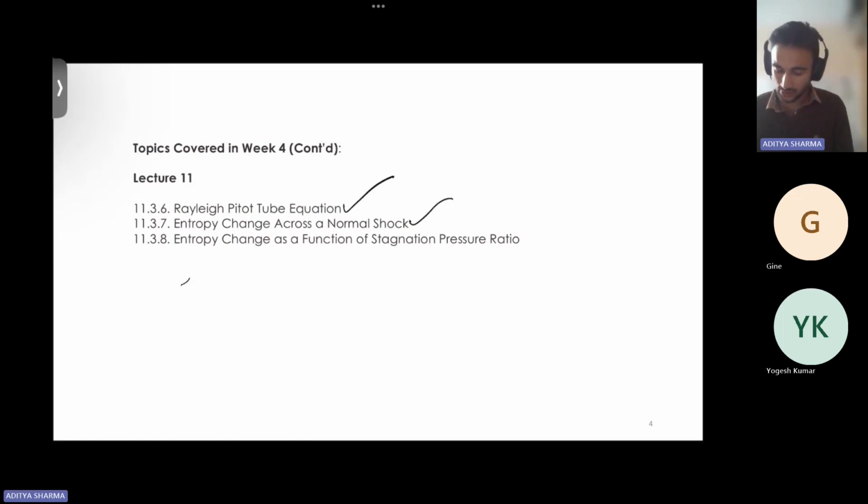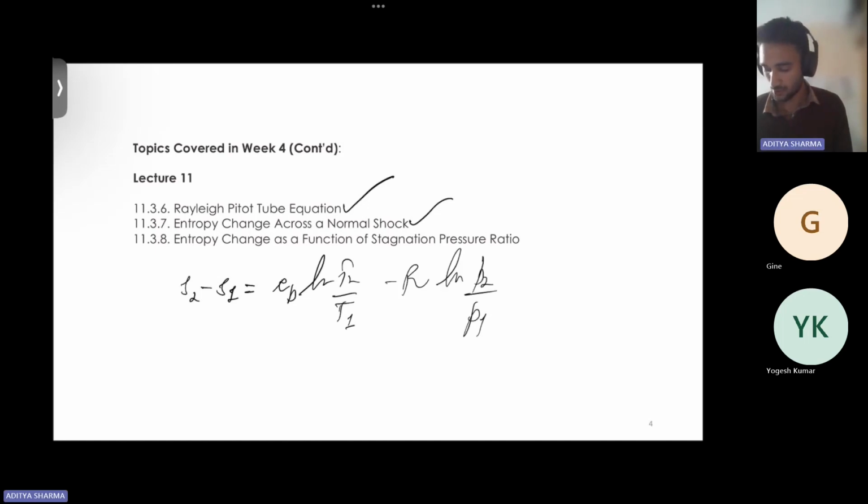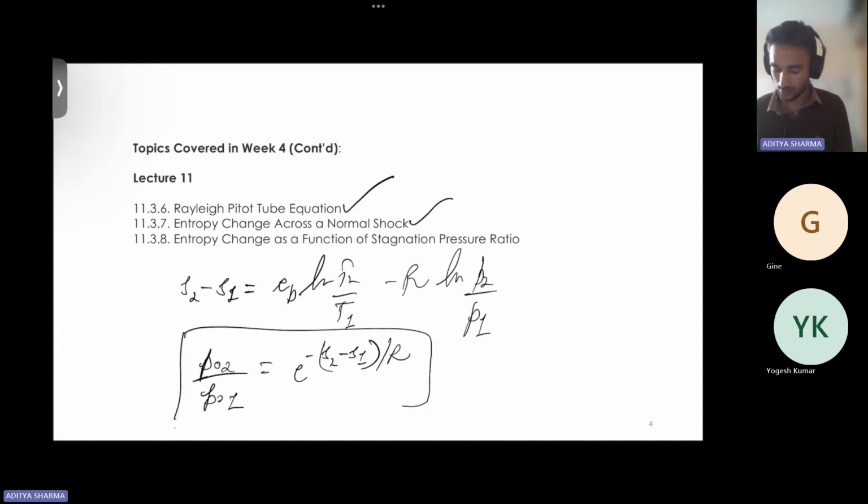I'll just quickly write this relation also. It's taking a lot of time. P2 by T1 minus R ln P2 by T1. And one other such relation is S2 minus S1 divided by R. So these are our relations with respect to the entropy change across a normal shock.